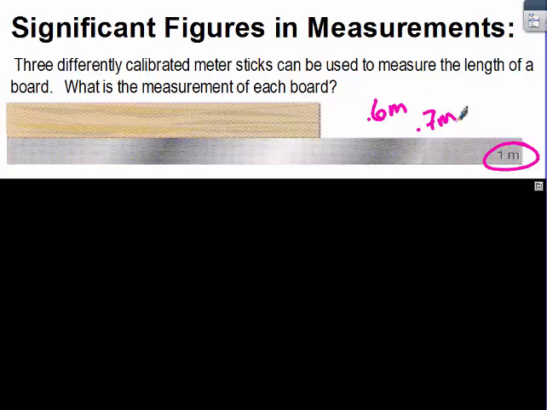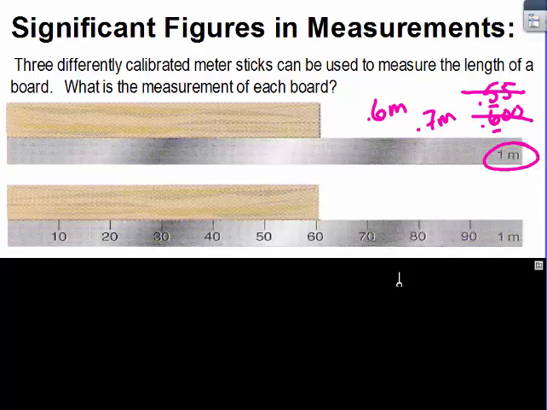I cannot write 0.55 meters or 0.600 meters because this would indicate that I know that it's 0.5 while I'm not sure. Or I'm not sure that it's 0.6, maybe it's 0.7. All I know is it's more than half. So I can only have one significant figure.